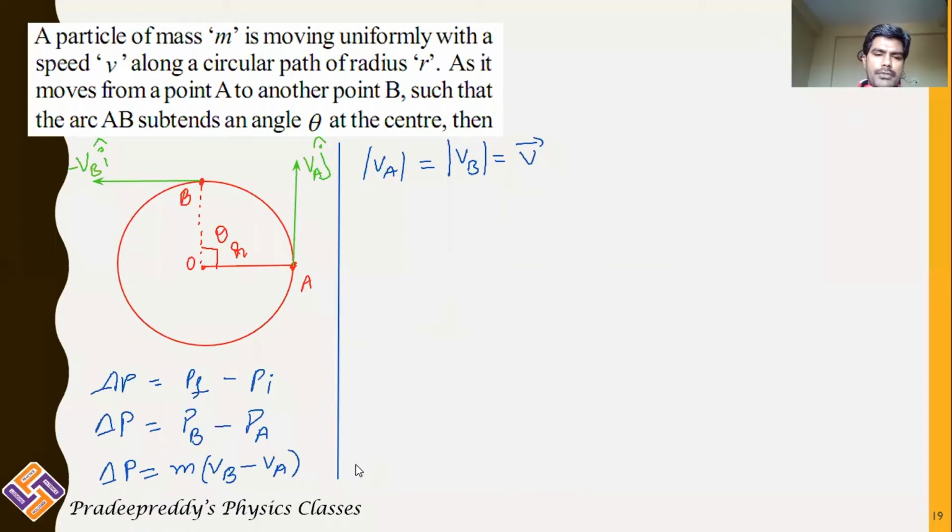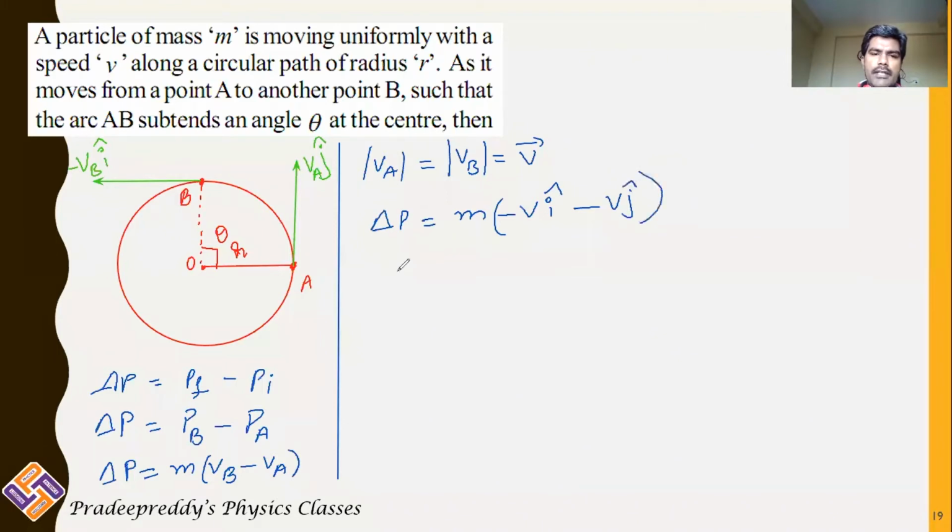Now, in order to find the change in momentum, I will substitute VA and VB in this equation. So delta P is equal to m into velocity at B, which is minus v i cap, minus velocity at A, which is v j cap.